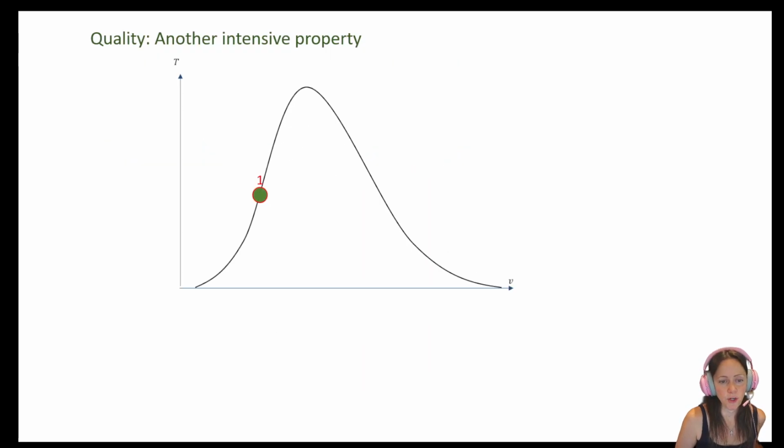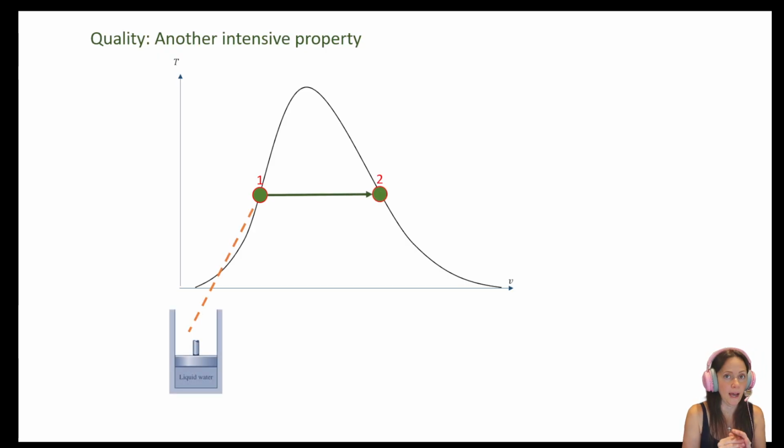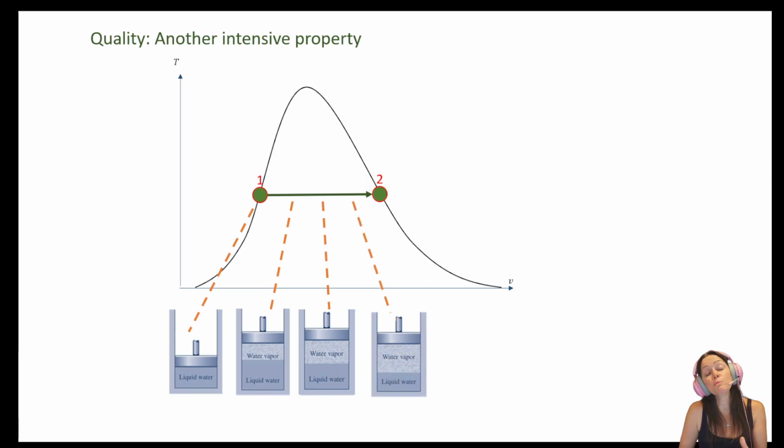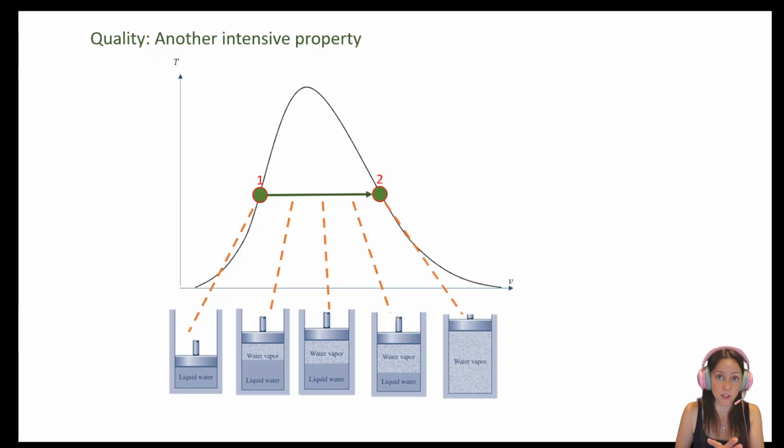If we're on that saturated liquid line, we have 100% liquid. As we move to the right, we get more and more gas and less liquid until we get to the saturated vapor side, and it's all gas. It's all saturated vapor, okay?